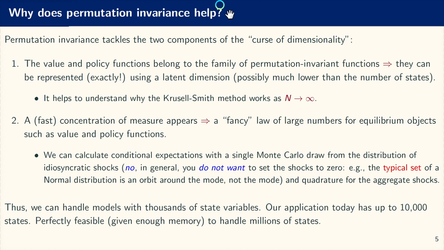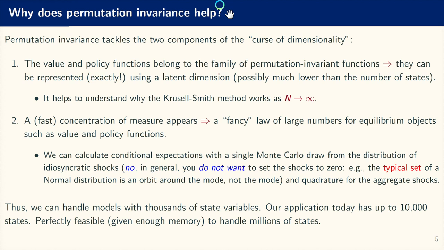More concretely, how does permutation invariance help? Because it tackles the two components of the curse of dimensionality pointed out by Bellman. First, the value and the policy functions of the dynamic programming problem belong to a very particular family, the family of permutation invariant functions.